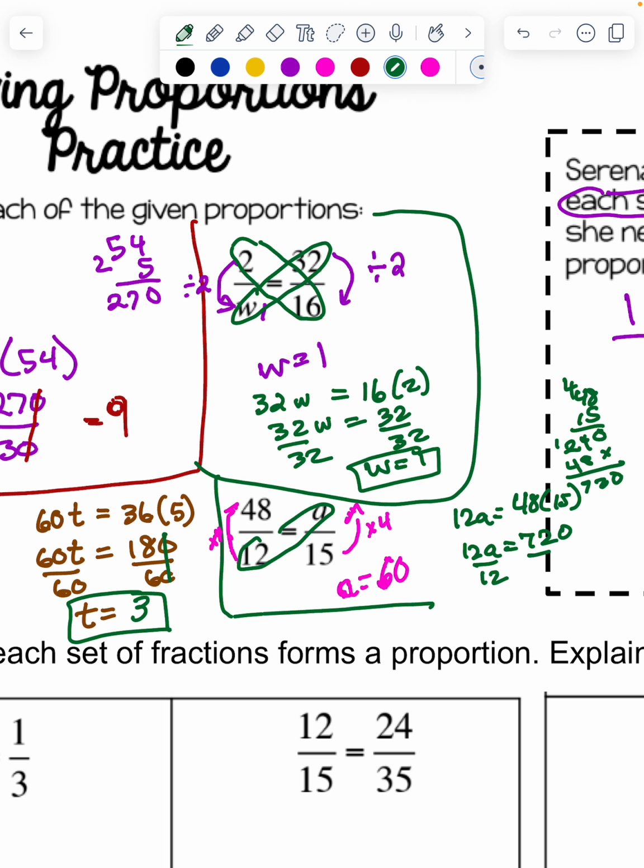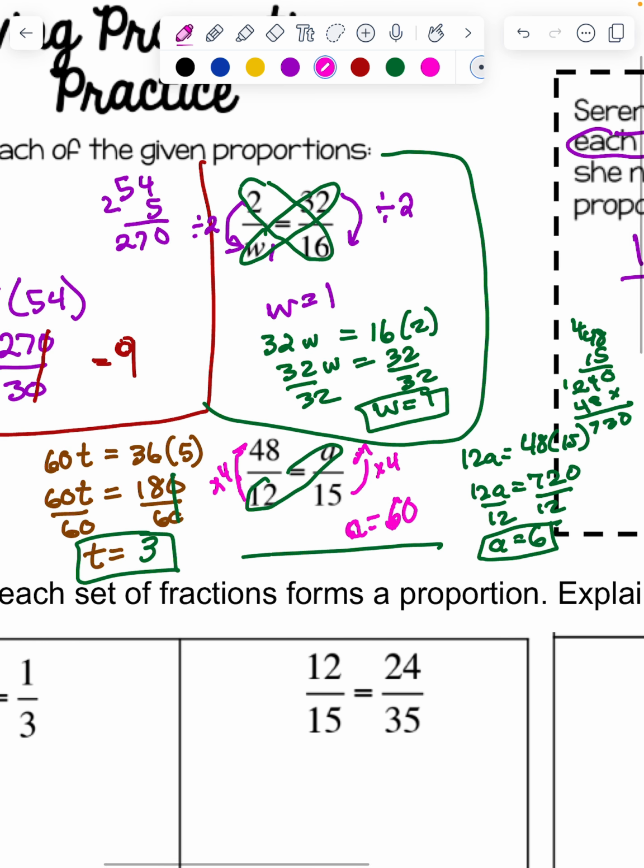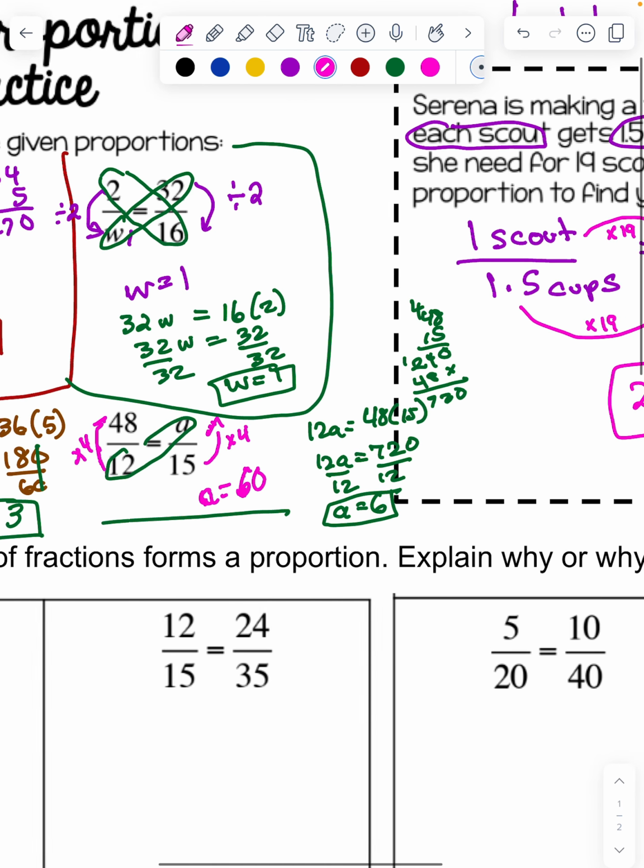Divide by 12, divide by 12. A equals 60. So if you can recognize that there are 12s in 48, and know that I multiplied by 4, then you can multiply the 15 by 4 and automatically get the 60.